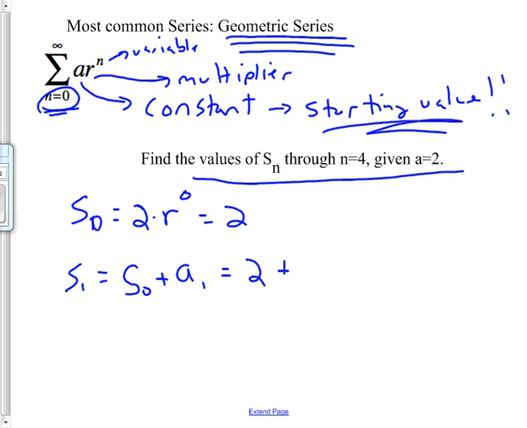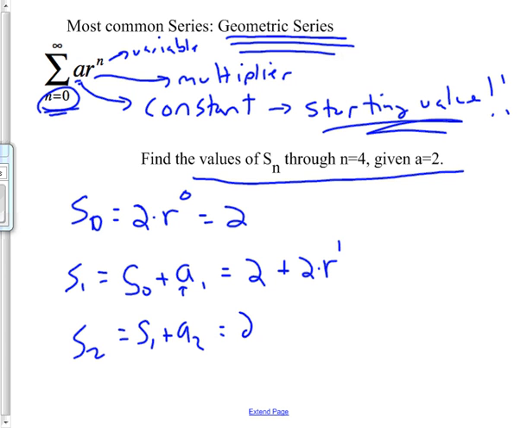Well, a sub 1, and notice this a is different from that a. It can get a little bit confusing. What a sub 1 means is the term when n equals 1. So that's plus 2 times r to the 1. S sub 2 is going to be s sub 1 plus a sub 2.